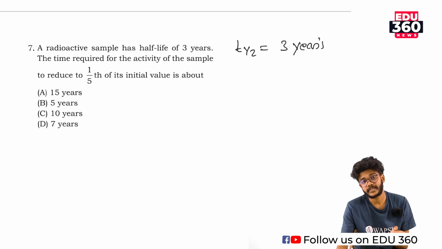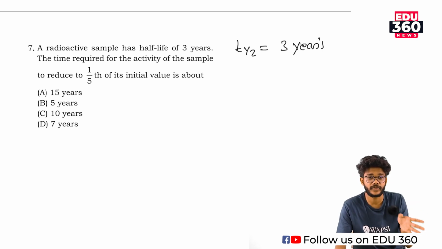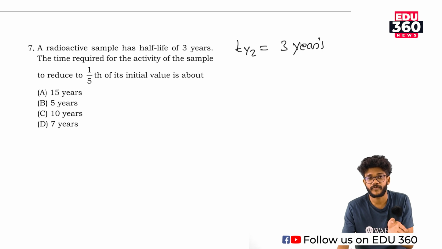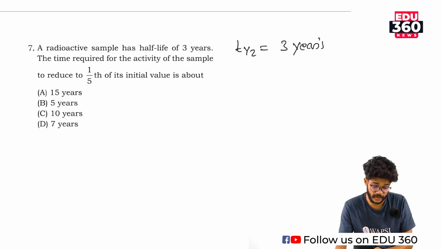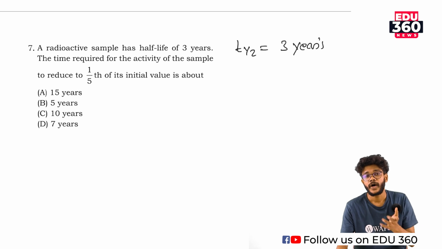So what is the time required to change the N0, the initial number of particles, to 1/5 of the initial? It will always be greater than 3 years, and all the options are greater than 3 years. So the only way to solve this problem is to understand these equations.